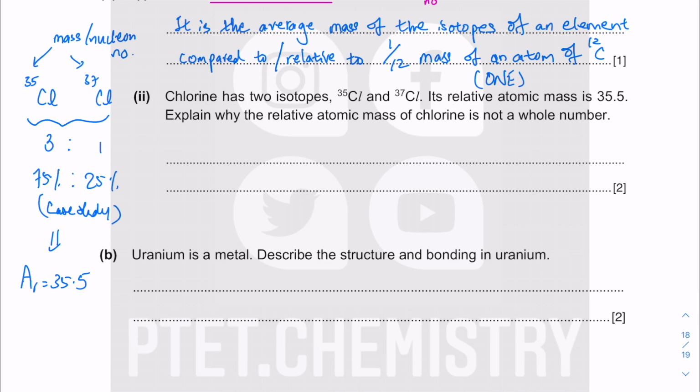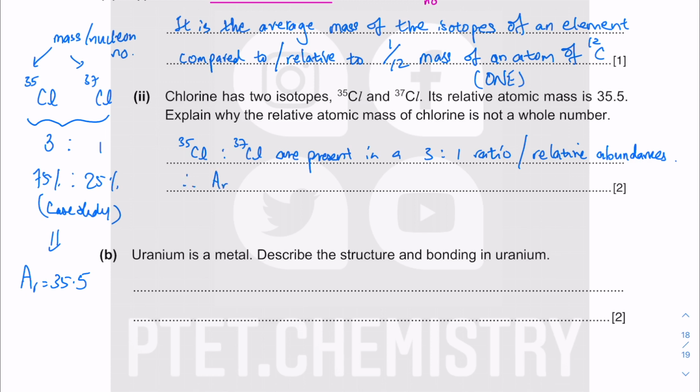So chlorine has 2 isotopes. Chlorine-35 and chlorine-37 are present in a 3:1 ratio, or you can say isotopic abundances, relative abundances, or percentage abundances of chlorine-35 to chlorine-37 is 75%, 25%.